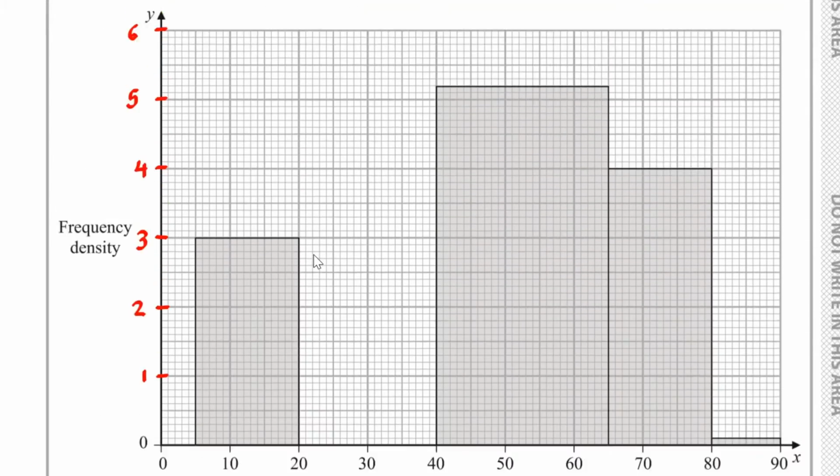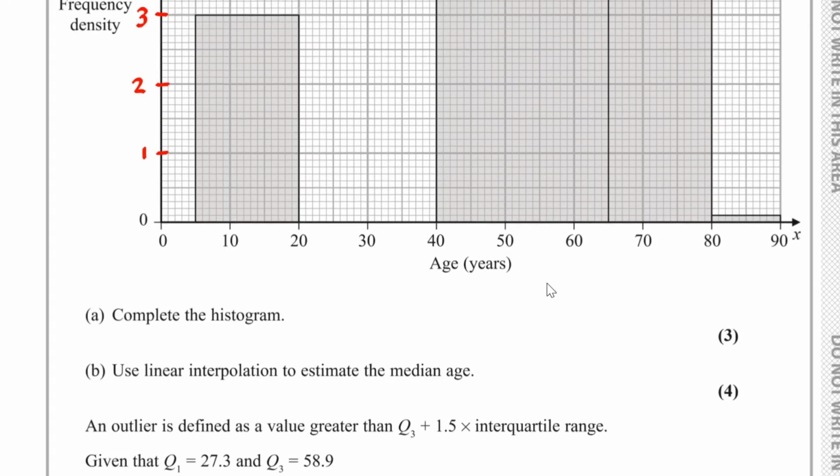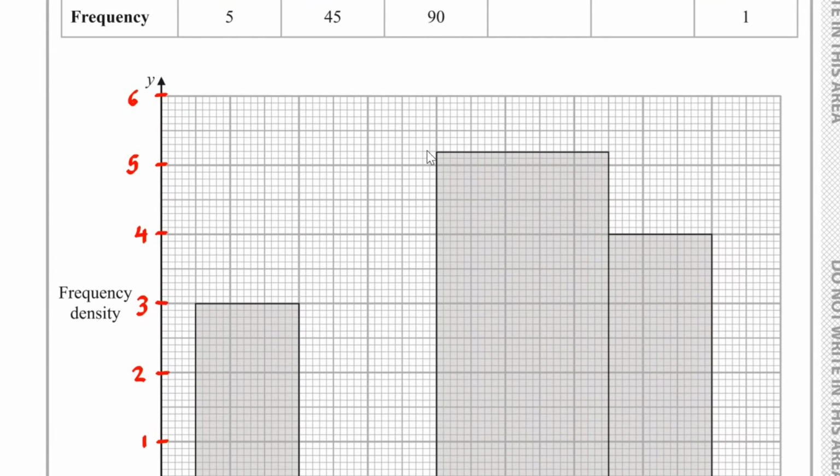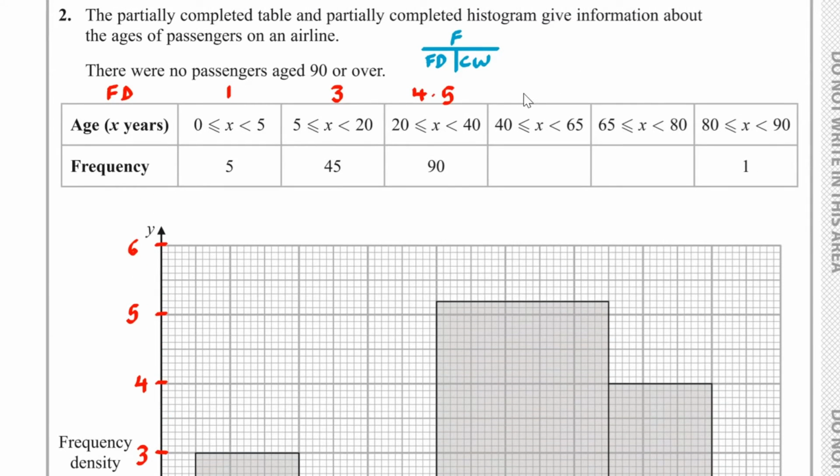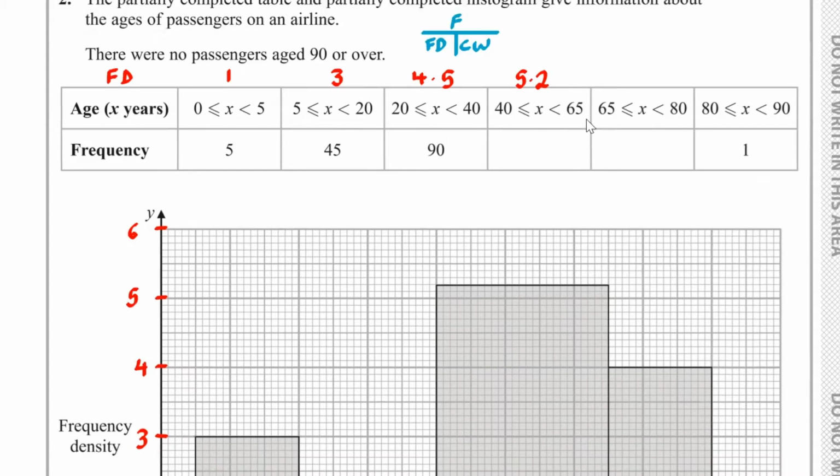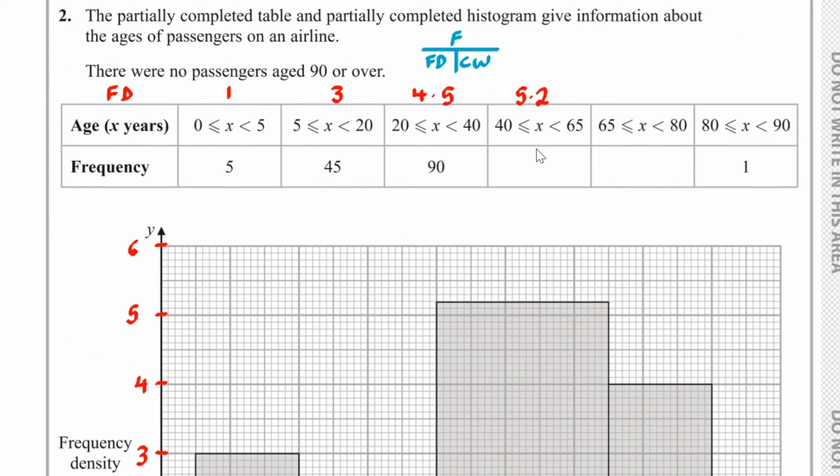So if I look at the interval 40 to 65, which is here, the frequency density you can see is 5.2. So we have 5.2 here, and with this we can find out the frequency by multiplying the frequency density by the class width.